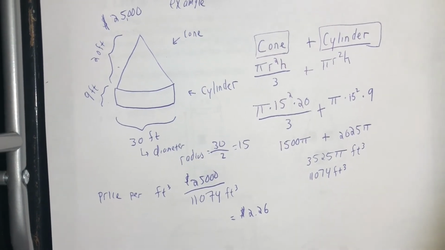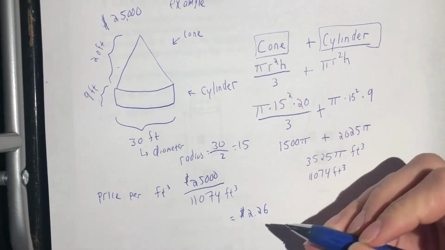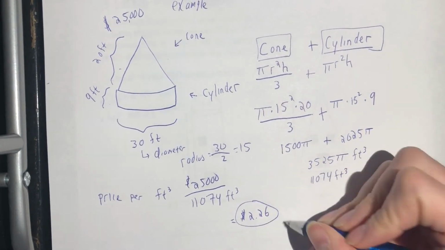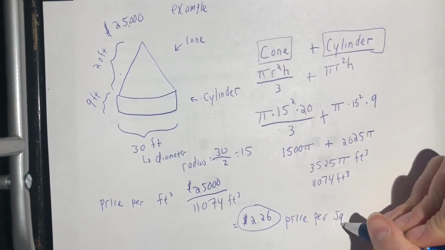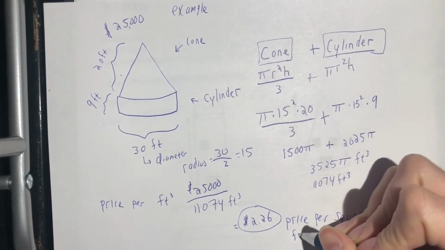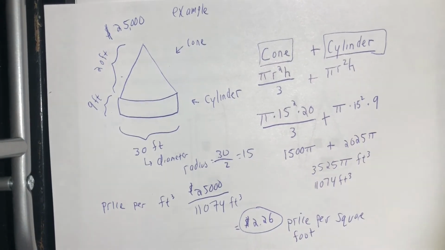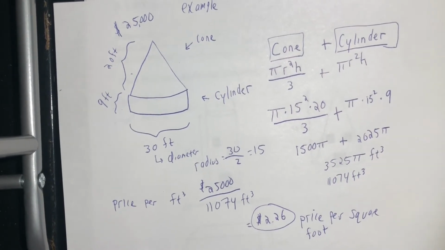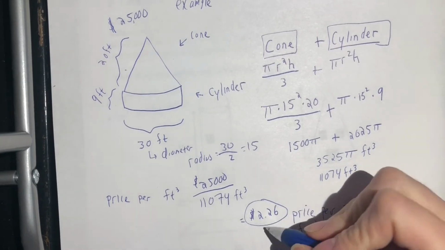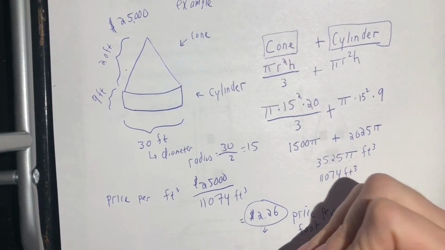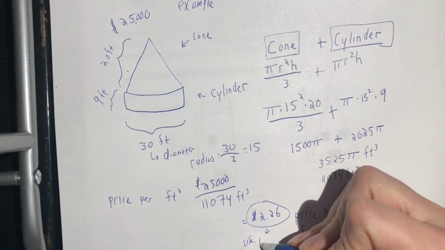So once I have my price per square foot, I'm going to use that later. When I find the volume of my next house, I'm going to use this to find my fair market value.